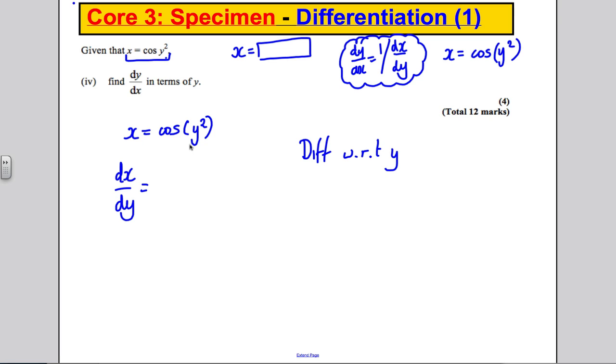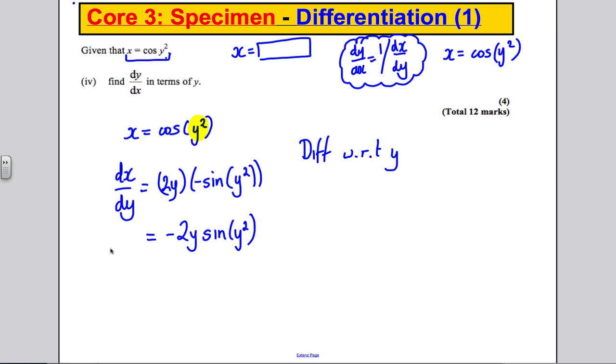Differentiating this by the chain rule, you differentiate what's in the brackets with respect to y, and you get 2y. You differentiate the cos, and you get negative sine, and of the function that it was, y squared. So therefore, tidying up, you get negative 2y sine of y squared. That is your dx by dy.